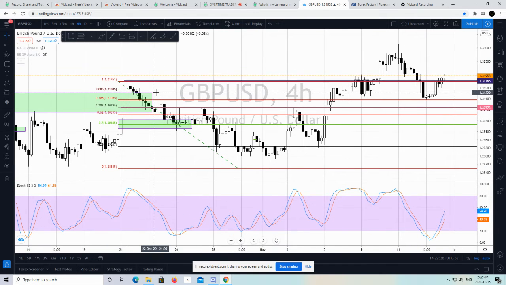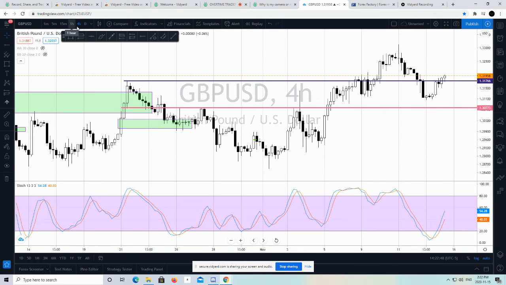Let's see our fib there. We came back into here, and that's on the H4.